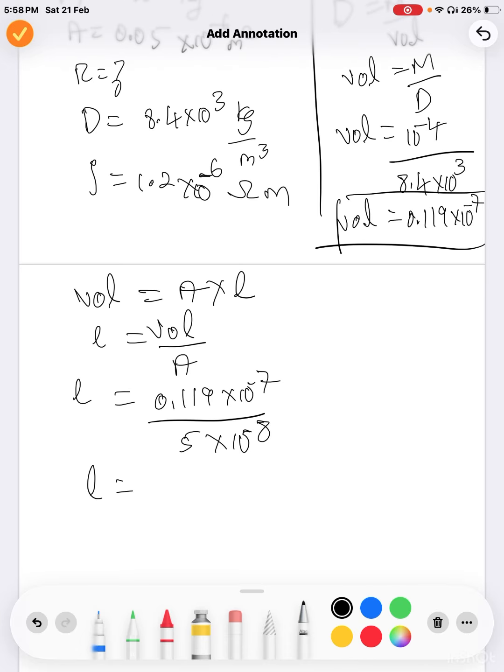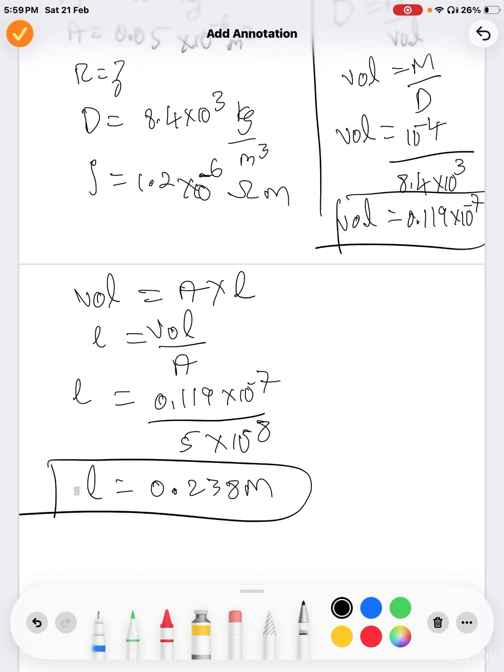So 0.119 by 5, so we'll get here length is equal to 0.238 meter. We got the length as this much.